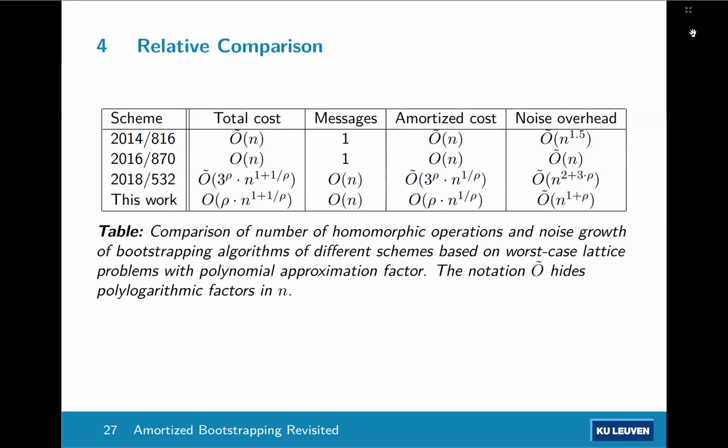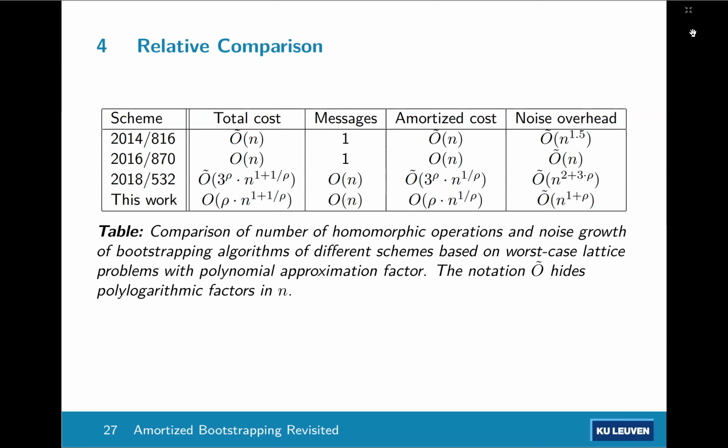Then we can see that compared to the work by Ducas and Micciancio here on line 3, we actually save a massive 3 to the rho in our total cost. We can still bootstrap all of them. The amortized cost saves, again, the 3 to the rho factor, and even our noise overhead is a lot smaller.